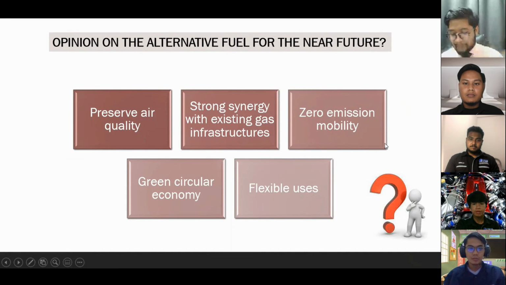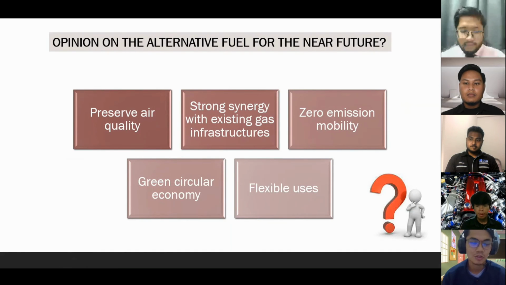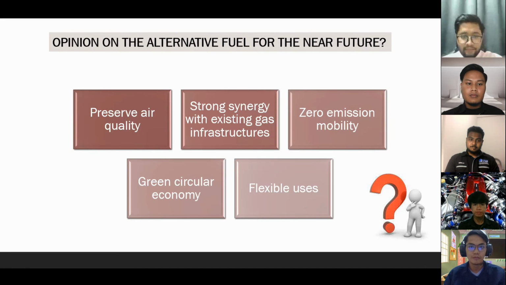My name is ABIDIN KAMARUDIN. For the last part of this presentation, it is the opinion on alternative fuel for the near future. As we can see from this slide, I conclude five advantages of this alternative fuel. First is preserving air quality.